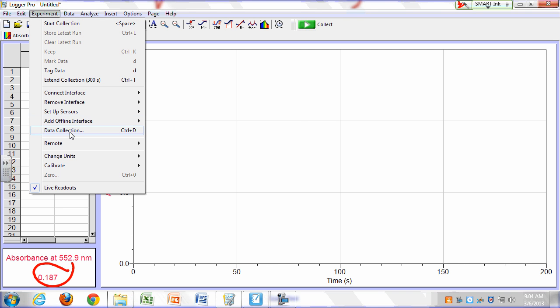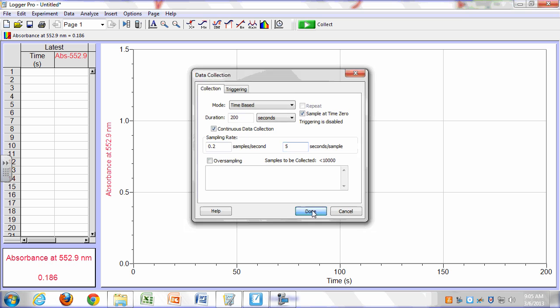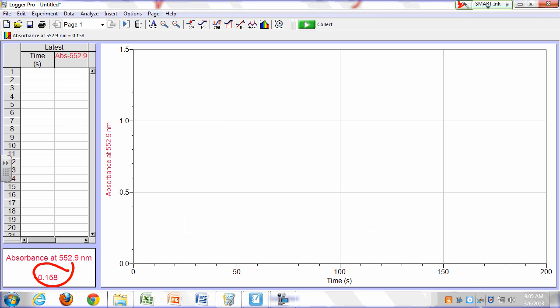Let's set it up for just continuous data collection. Just let it run, and we're going to collect a sample every 5 seconds. Every second's too fast. So we're going to collect data at every 5 seconds. All right, and I'm going to go ahead and make another mixture. Oh, look, it's all faded now.